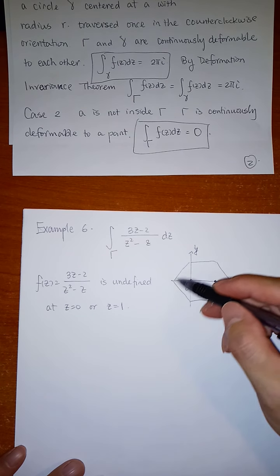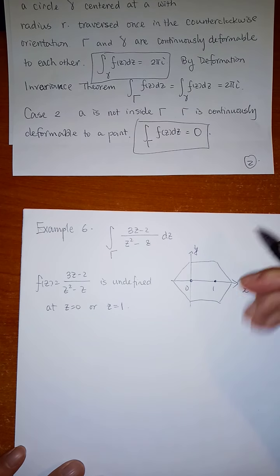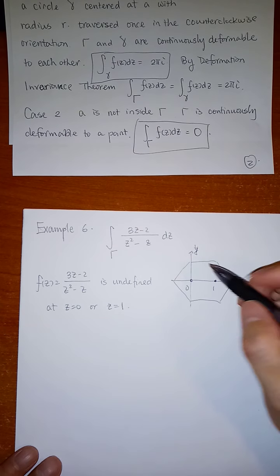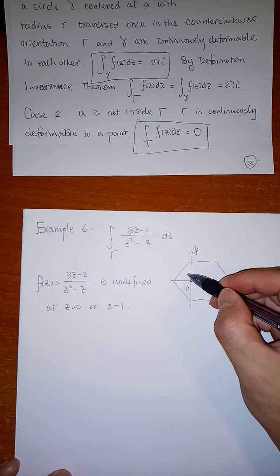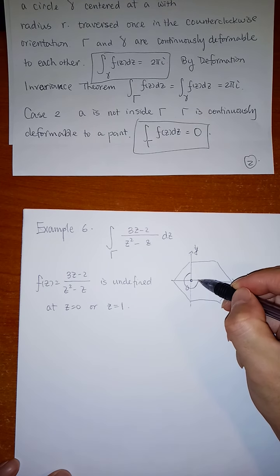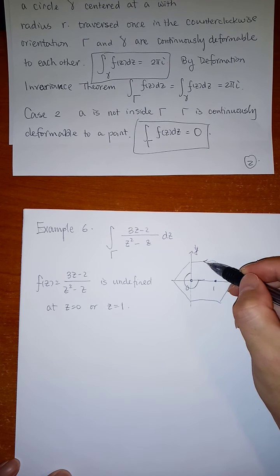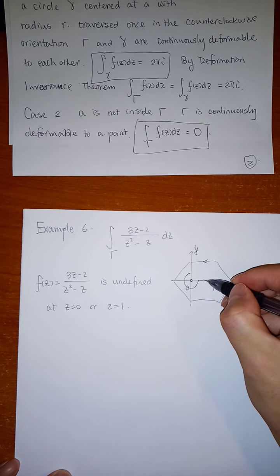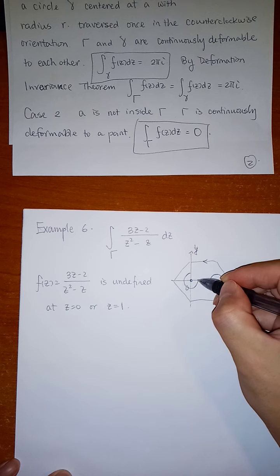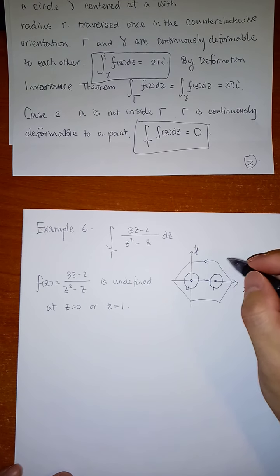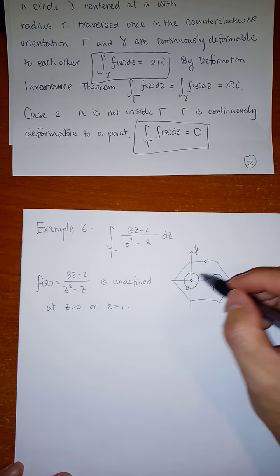And for this curve, we can shrink it a little bit, so that it looks like this. This curve has counterclockwise orientation. Okay, so what is the new curve?